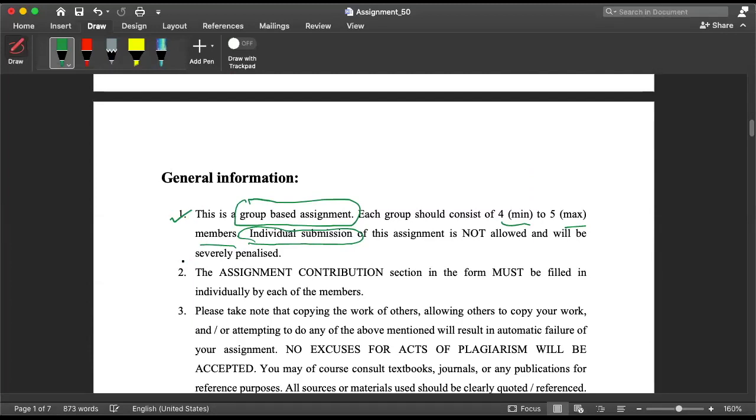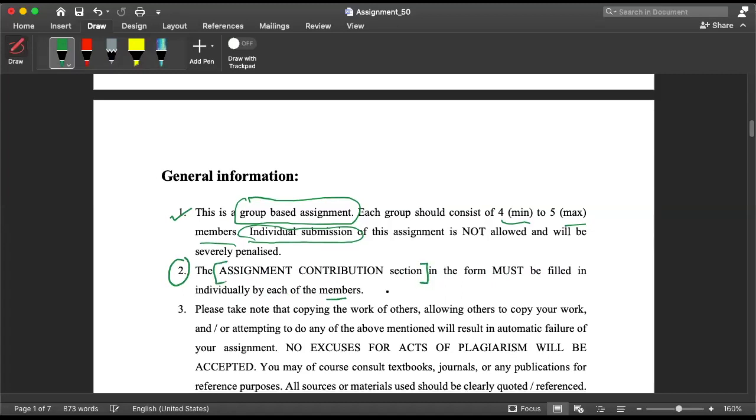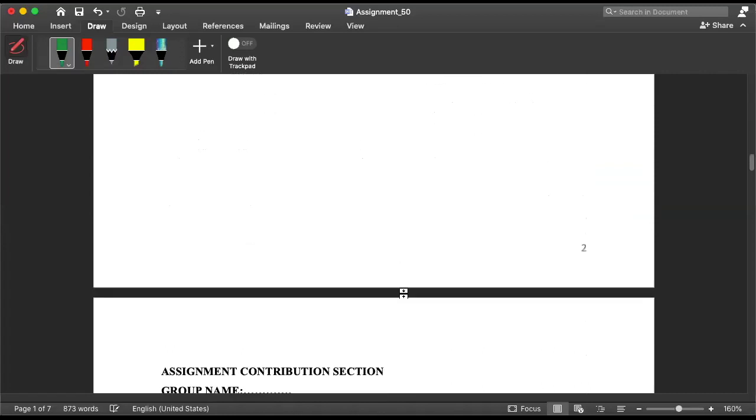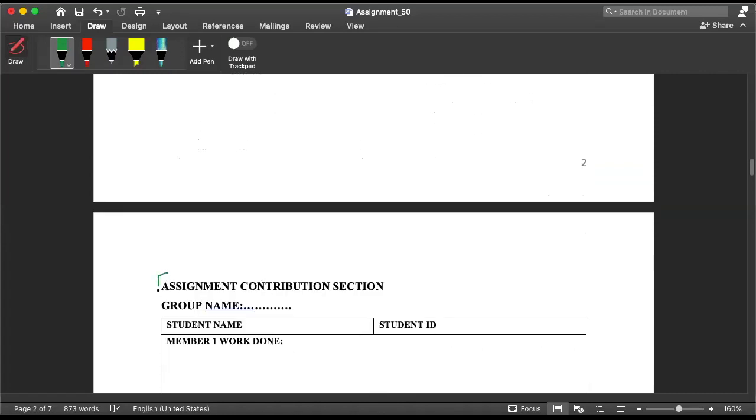Now, number 2, the assignment contribution section in the form must be filled in individually by each of the members. So here is your assignment contribution section.